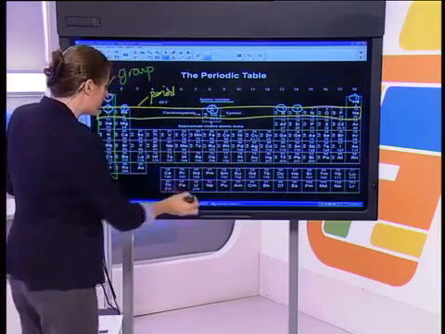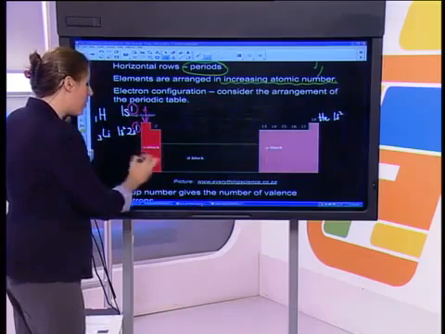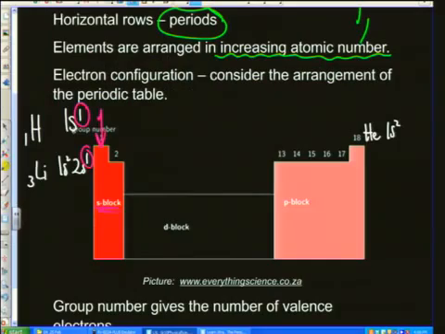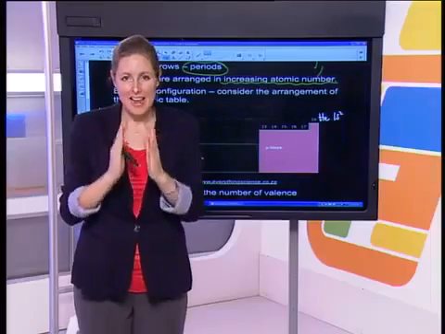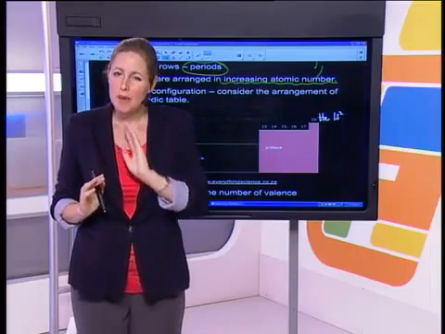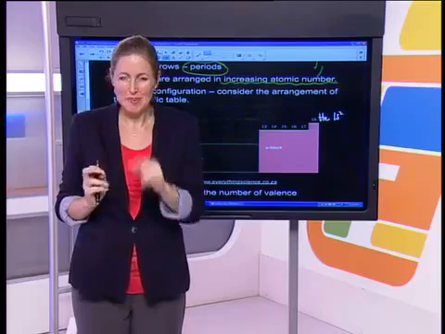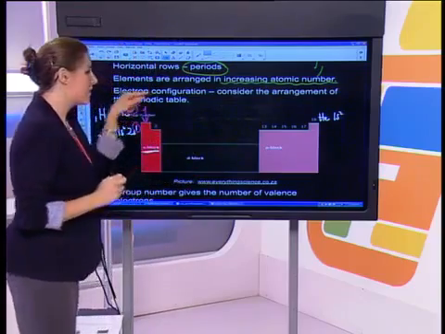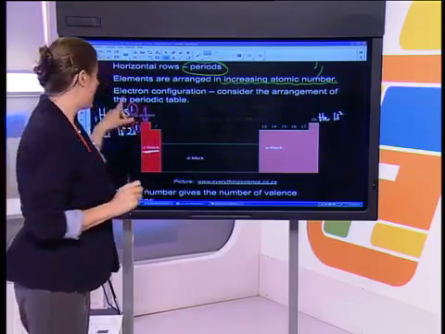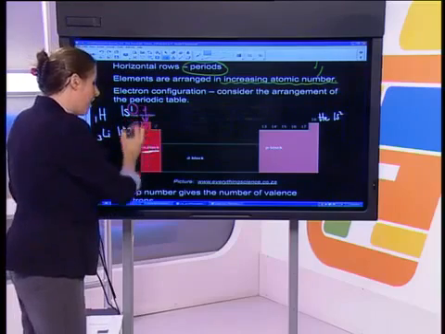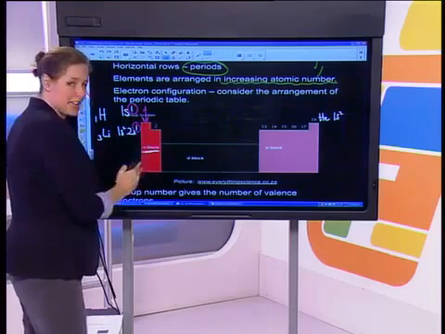And this whole block is called the s block. Why would it be called the s block? Well, specifically because it's going to always have its outermost valence electrons in the s orbitals. So the periodic table, this amazing table, has been arranged with this electron configuration where the whole block here is filling up s orbitals.